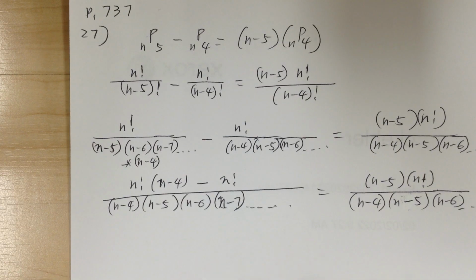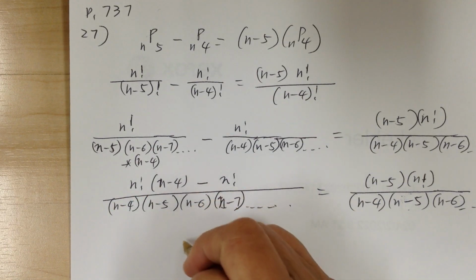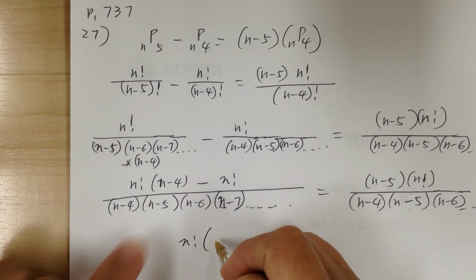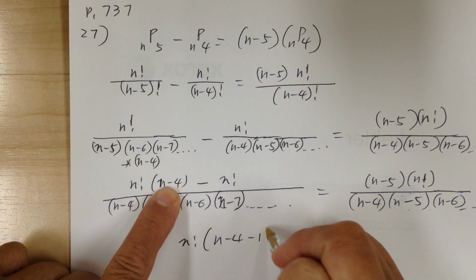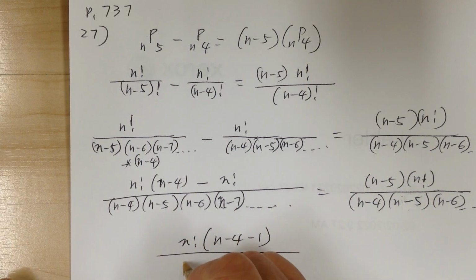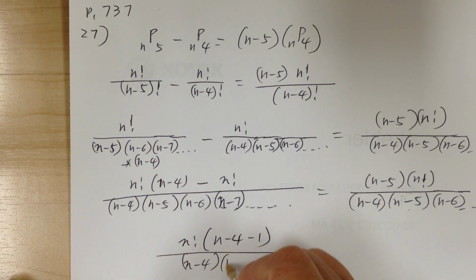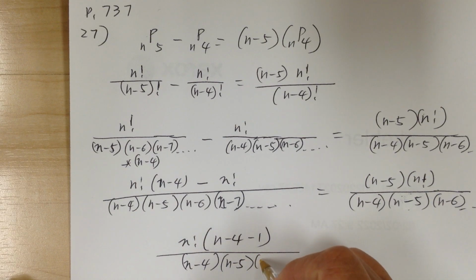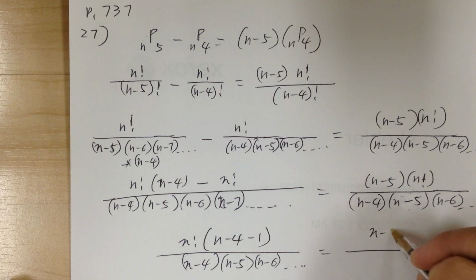Then after that I'm going to factor out the n factorial, so I get n minus 4 minus 1, right? Again, when you factor everything out, it's 1, over n minus 4, n minus 5, n minus 6, and so on.